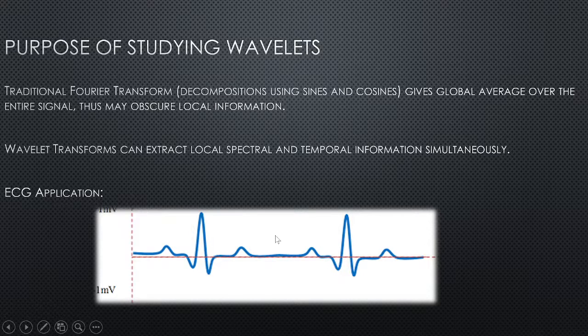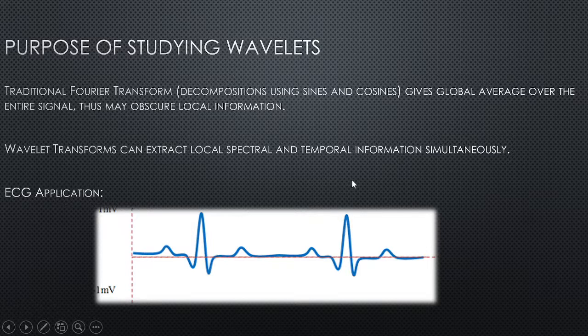So if we take the Fourier transform considering the entire length of the ECG signal, it would obscure this data because the Fourier transform is basically like an average of the entire length, right? Which may not be very accurate because the PQRS complex is only in these parts, right? So for this reason, we make use of wavelet transform.